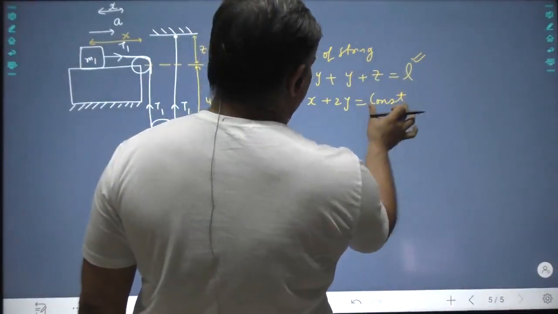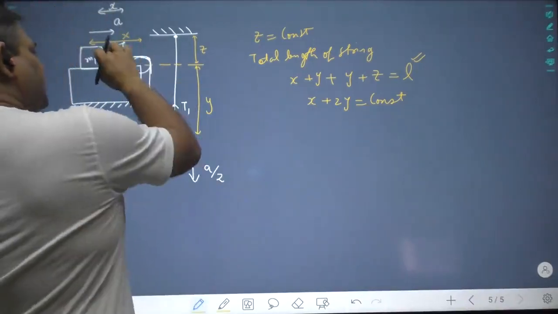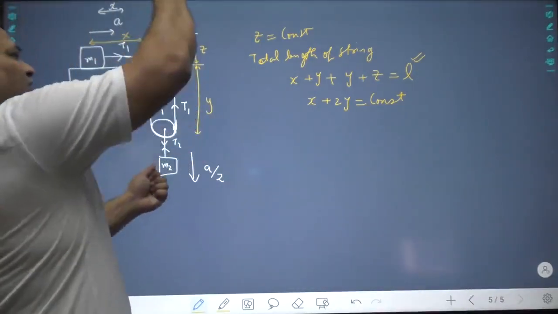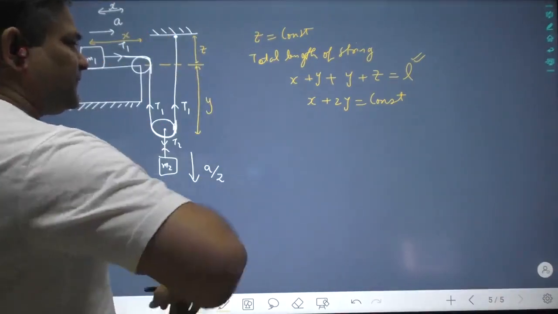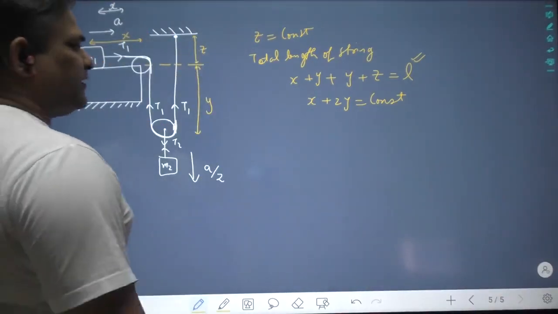So L minus Z is also constant. The string is same, it is neither expanding nor contracting. It is the same string. Is this thing clear?